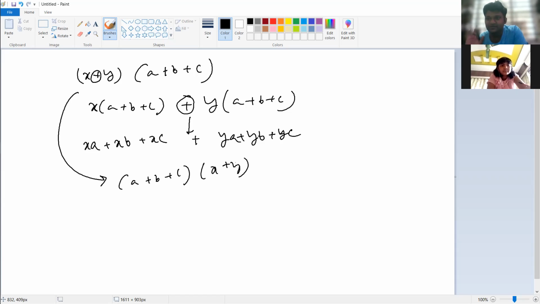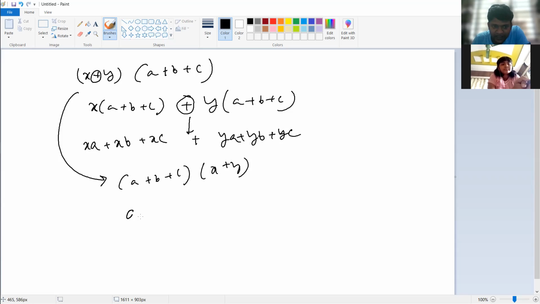So does it matter if I take any term first or second when I am multiplying? 5 into 7 and 7 into 5 is the same. Associative law, right? But the distribution is somehow different.